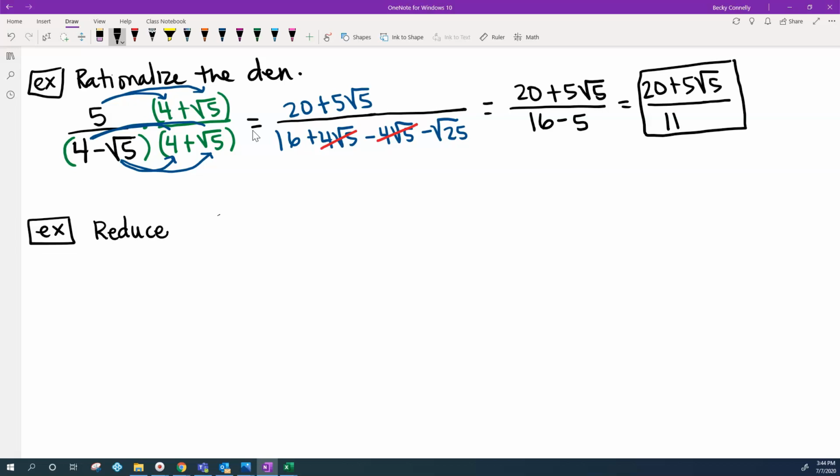So it says reduce the index on the radical. Right? So those are kind of some strange instructions, right? Usually we hear simplify or add or subtract or multiply or something, but reduce the index on the radical.